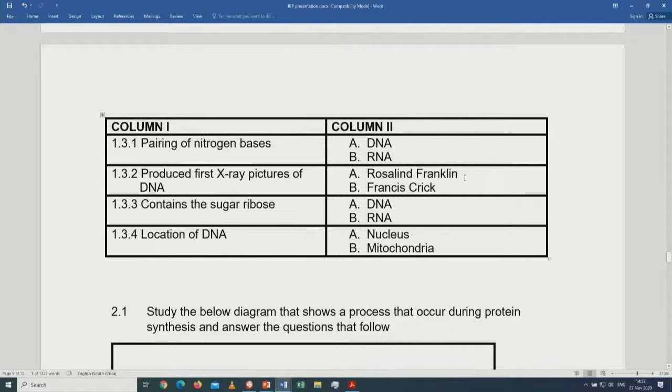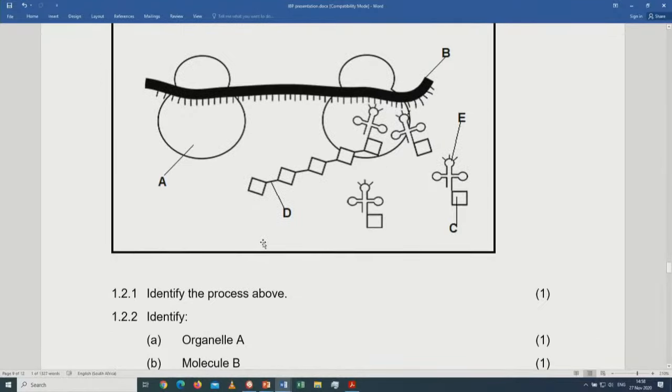We know that Rosalind Franklin was the scientist that took X-ray pictures, and Watson and Crick worked on the structure of DNA. Contains the sugar ribose, that's RNA molecule. Our answer is B only. Location of DNA, we find DNA in the nucleus and also the mitochondrion of the cell, so the answer there is both A and B.